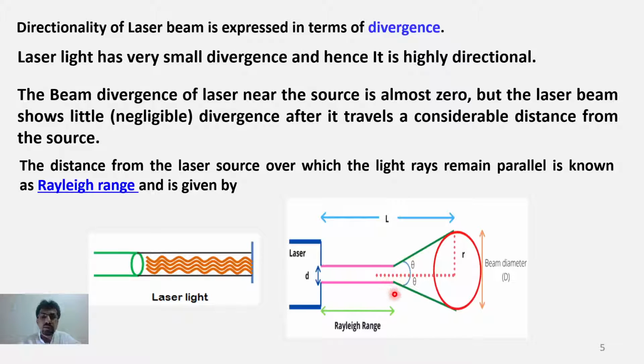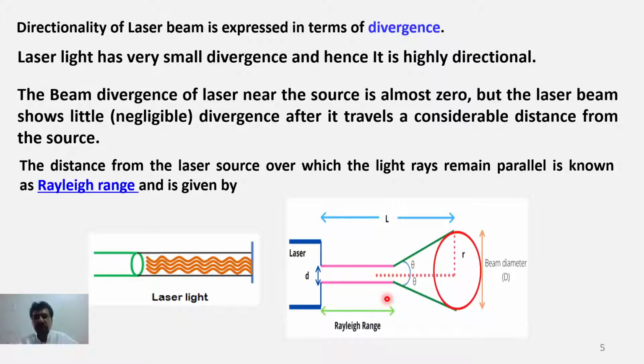But the distance from the laser source over which the light remains parallel is known as the Rayleigh range, and that range is shown in this figure here.